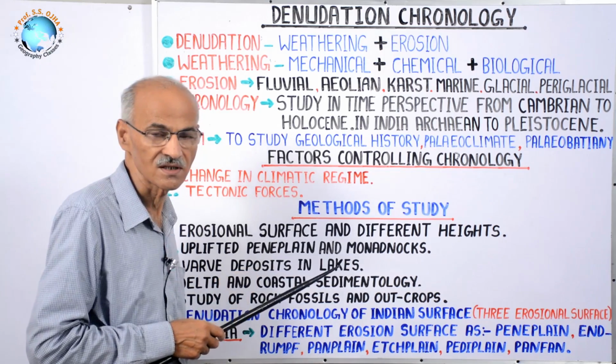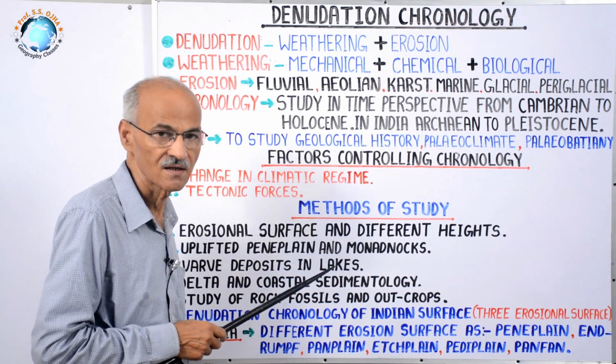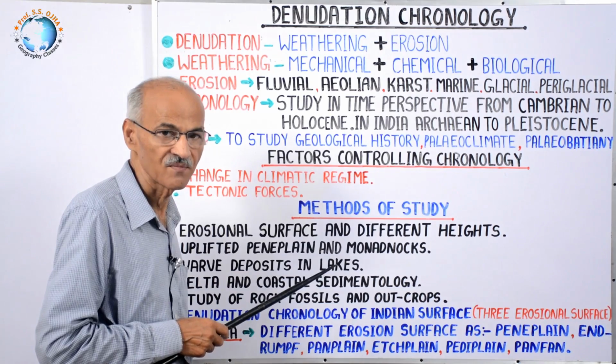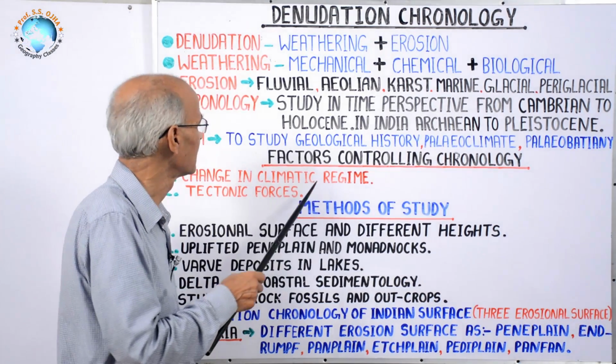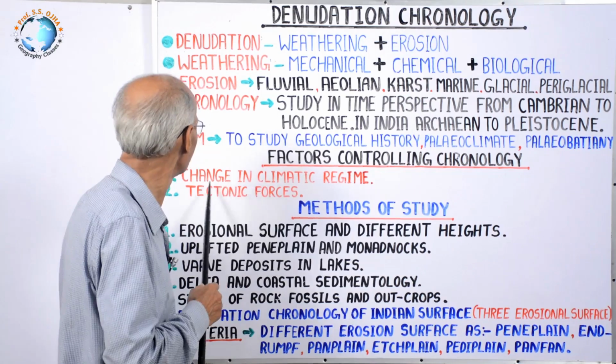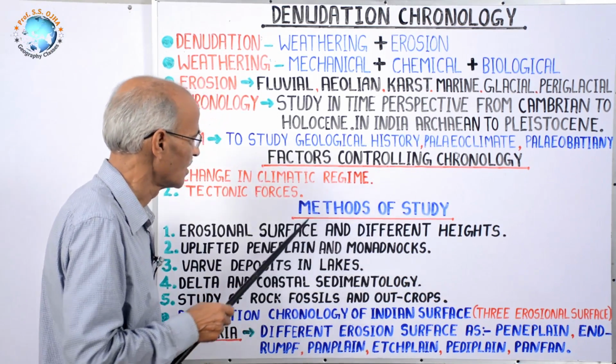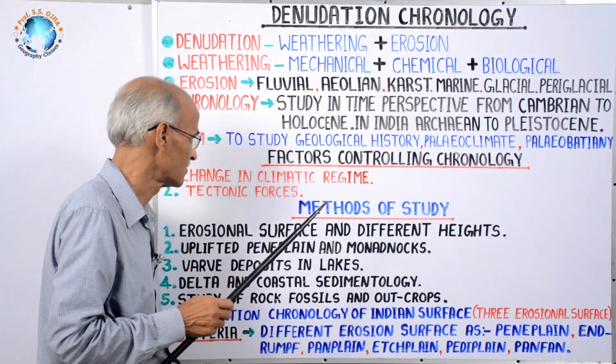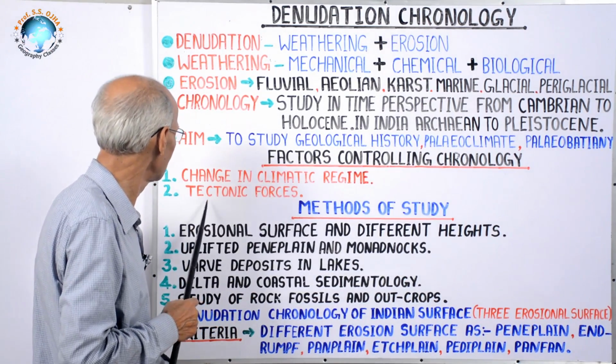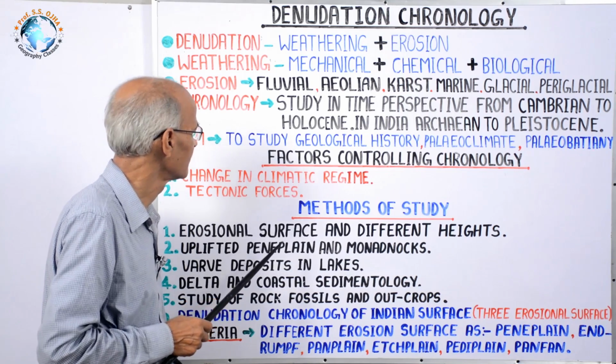Thus, in the United States of America, there are the remnants of periglacial and glacial deposits. So this means change in the climatic regime also affects the denudation chronology.